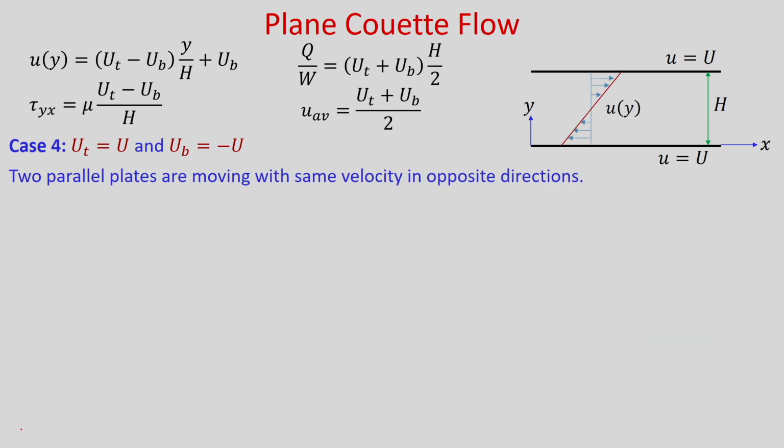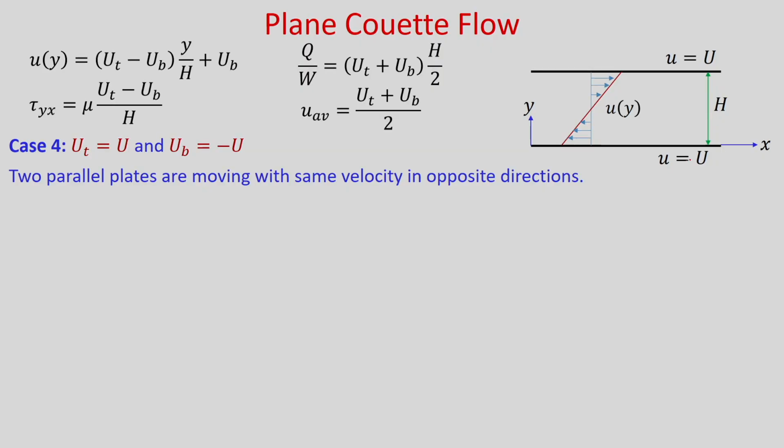Next, let us consider that the top and bottom plates are moving with the same velocity, but in opposite directions. So, the bottom plate is moving with minus U in this direction, and the top plate with U in this direction.